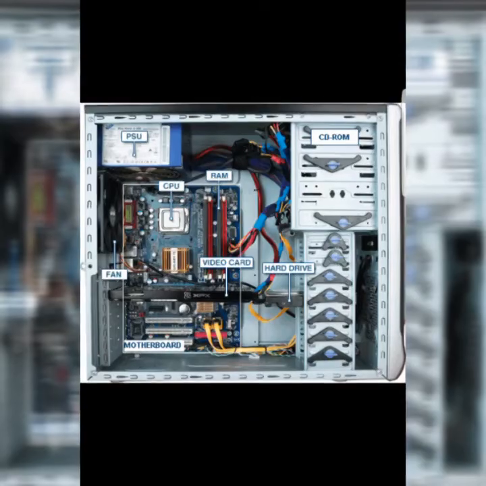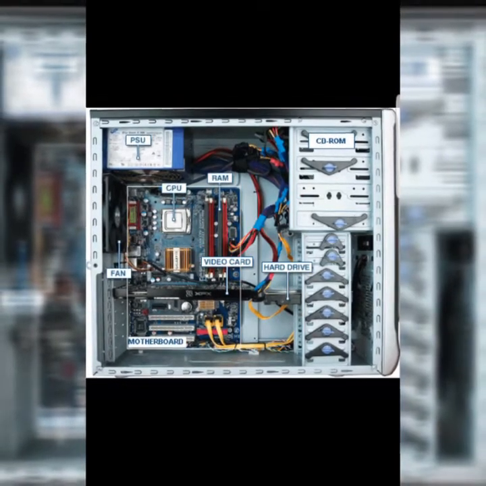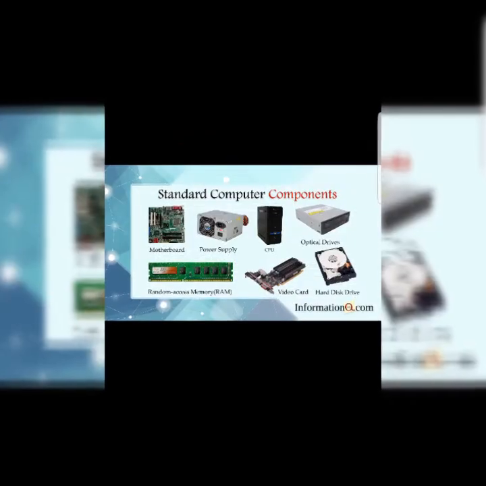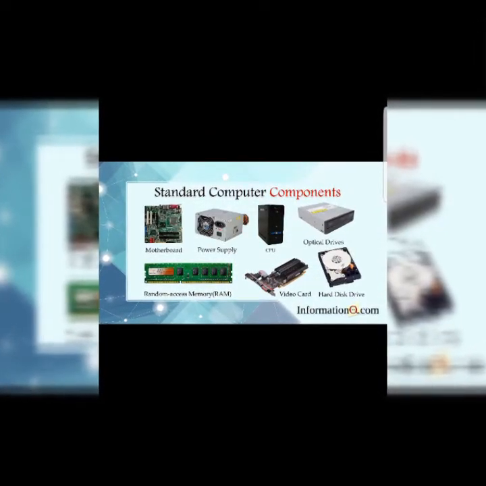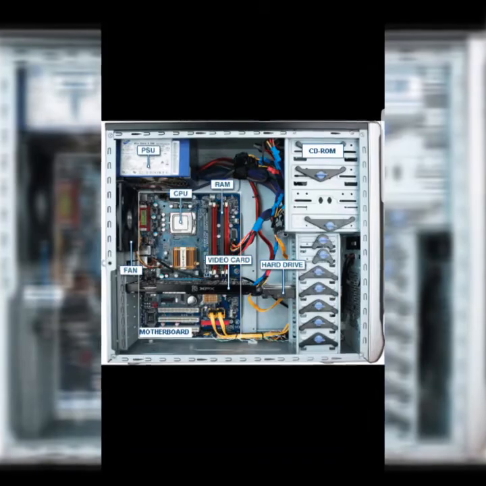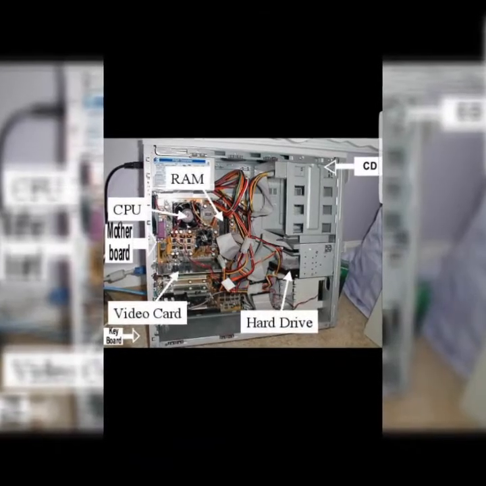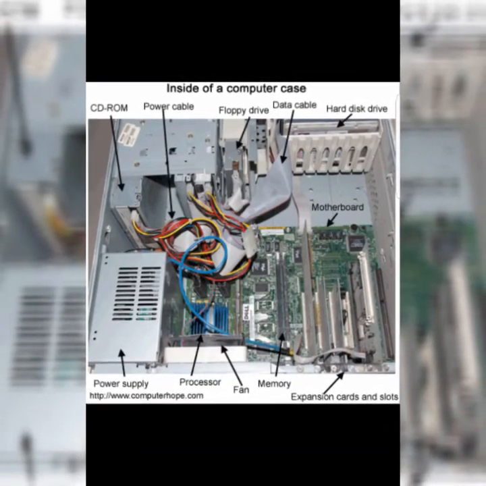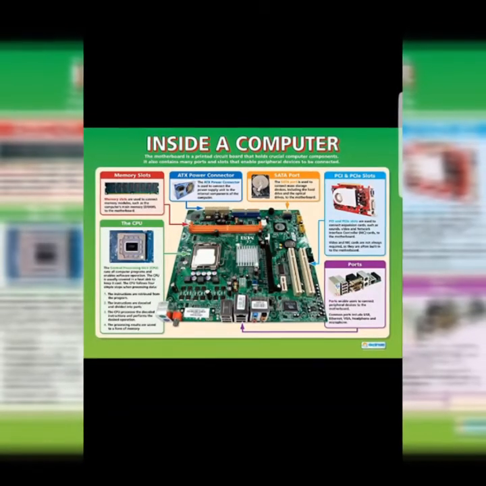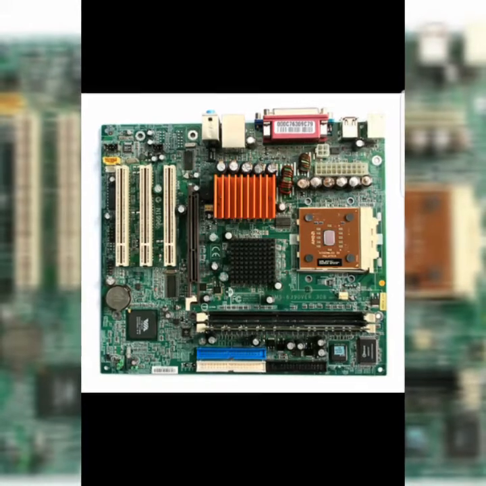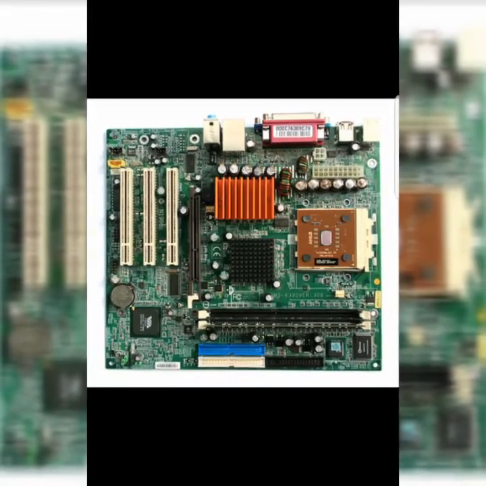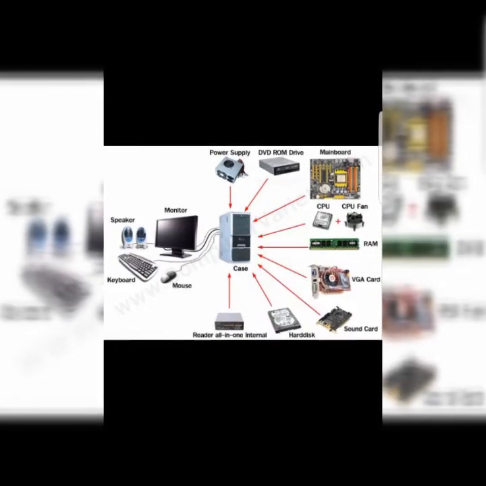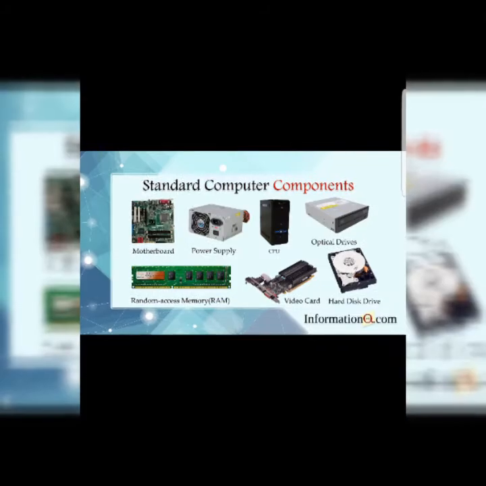The program which is to be executed is first stored in the hard disk, from where it is transferred to RAM. So the data is first stored in hard disk, then it is executed in RAM. On completion of the work, the program is again saved in the hard disk.